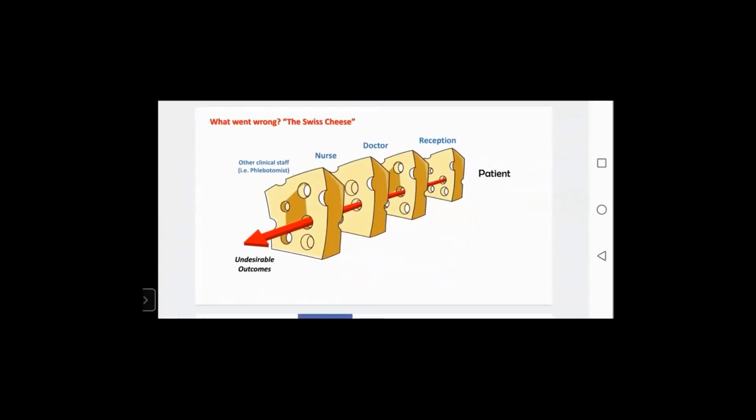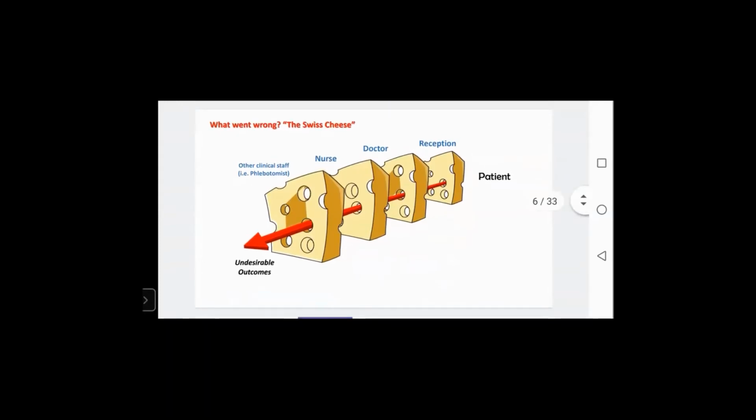Here we use the Swiss cheese model to show how an error might overcome all the barriers and reach a patient with an undesirable outcome.